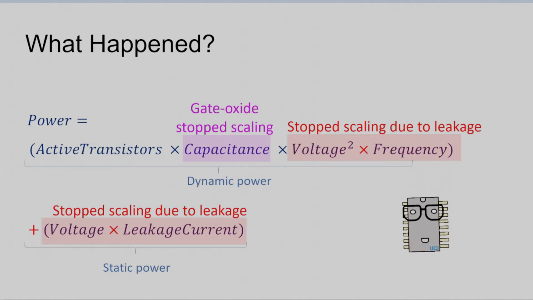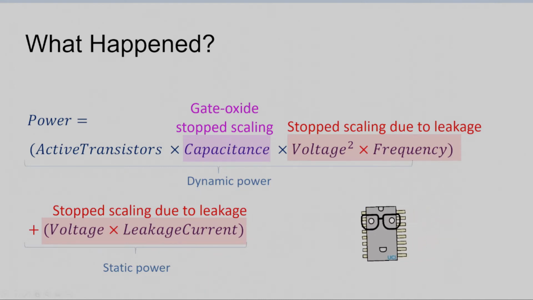For this, there are multiple very prominent reasons, but since we were looking at power consumption numbers before, we can spend a little bit more time looking at power consumption numbers. So in the total power consumption equation, all these colored blocks are the things that have stopped scaling.